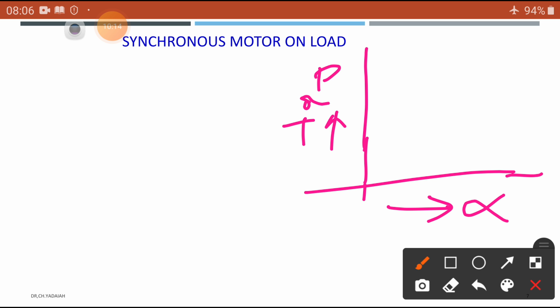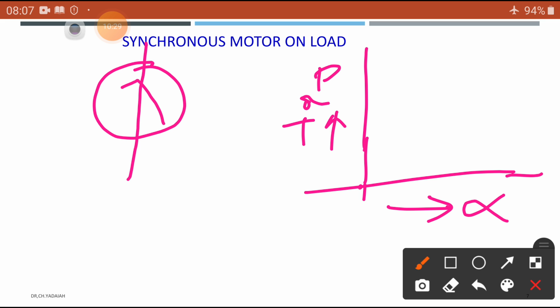Now initially, the stator rotating magnetic field and the rotor magnetic field have a small angle between them, that is alpha.